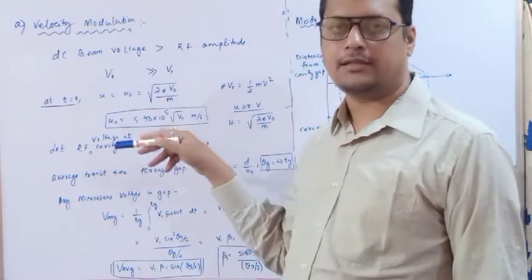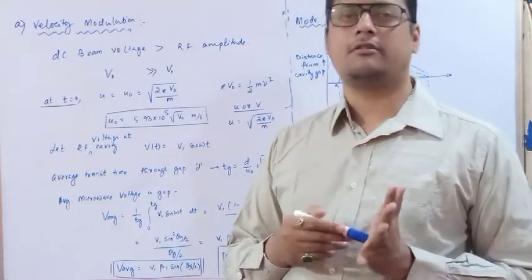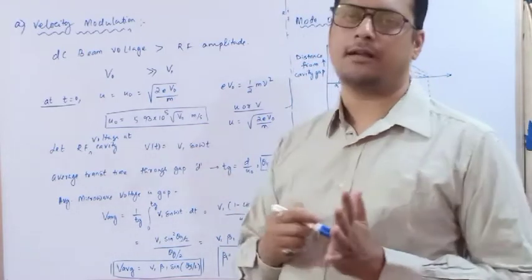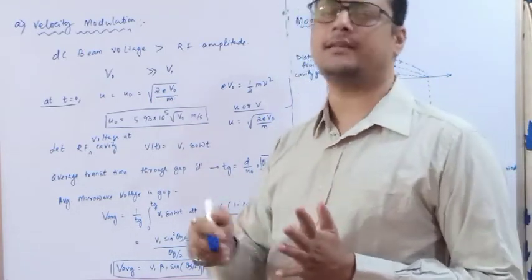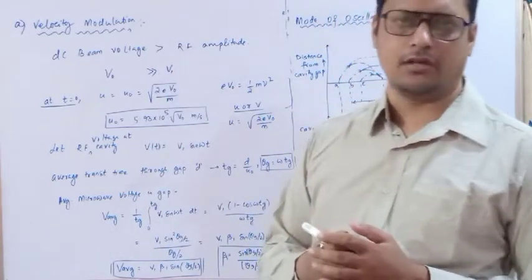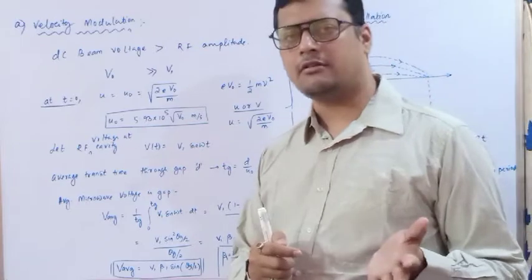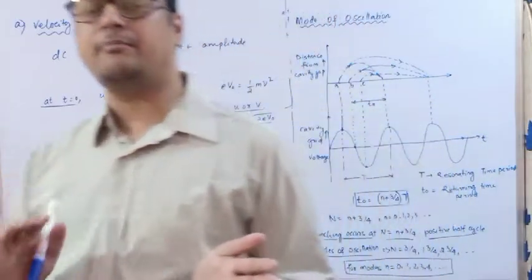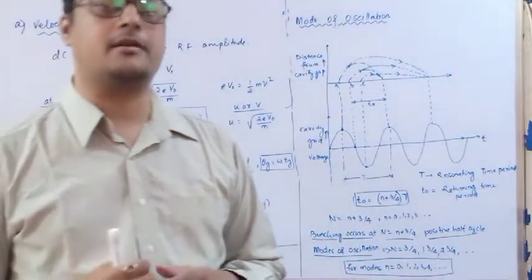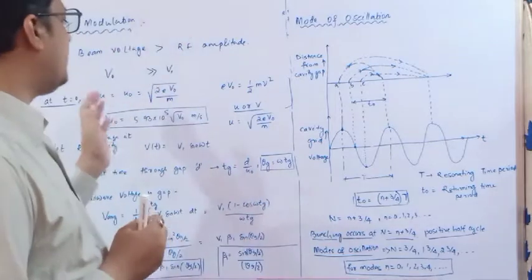If you solve this, take the electron charge E as 1.6 times 10 to the power minus 19 coulomb, and the mass of an electron as 8.823 times 10 to the power minus 23, whatever the values are given.